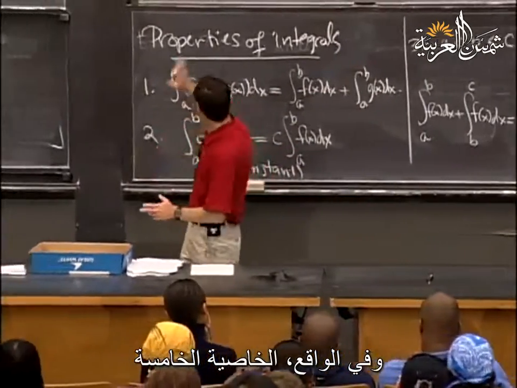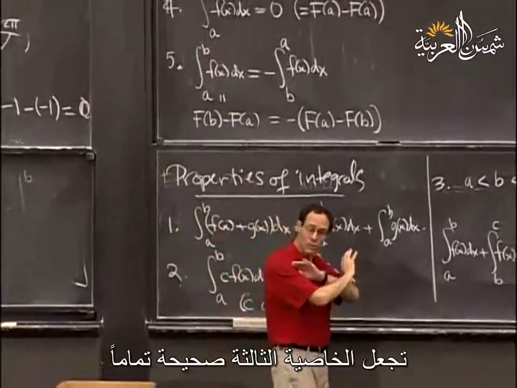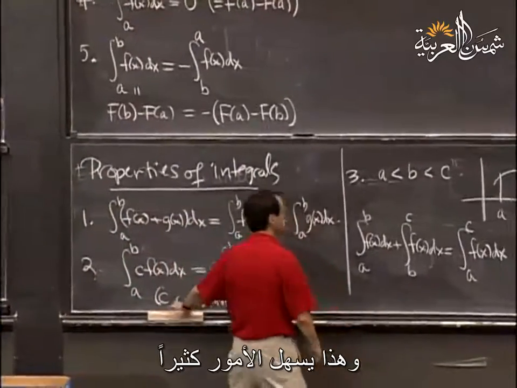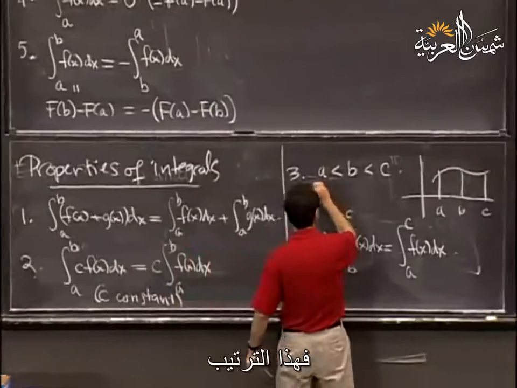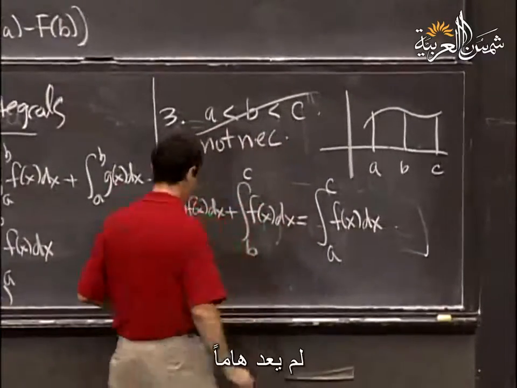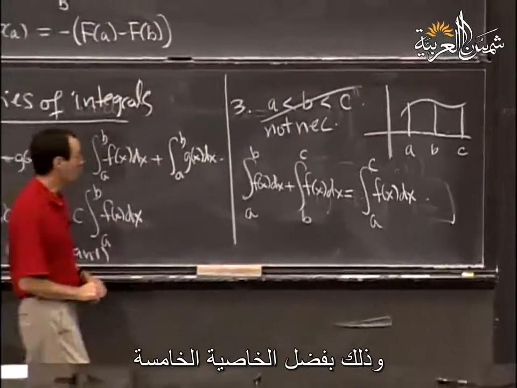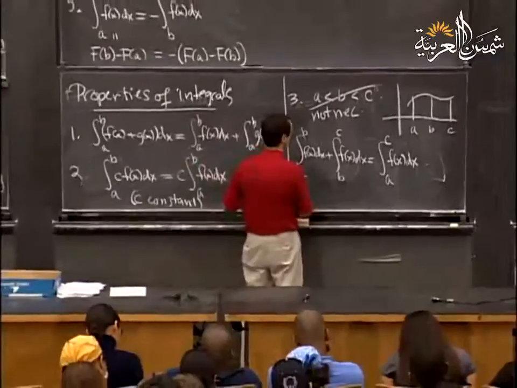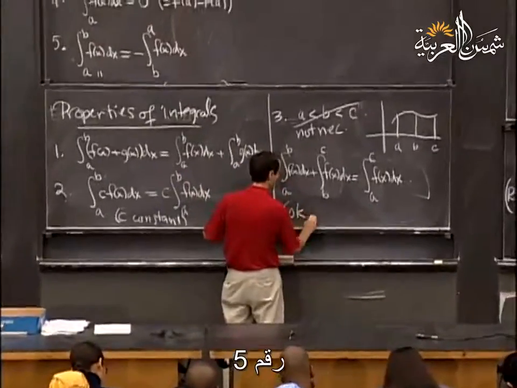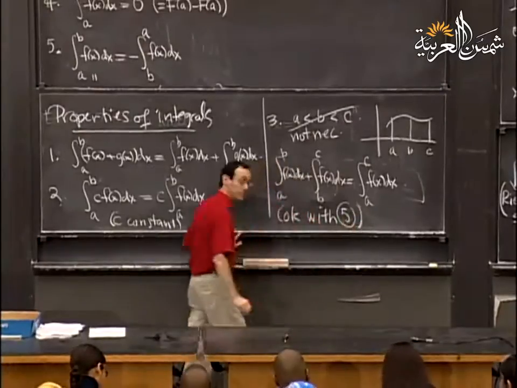And in fact, with this definition 5, Rule 3 works no matter what the numbers are. So this is much more convenient. This is not necessary. It just works using convention 5. All right?